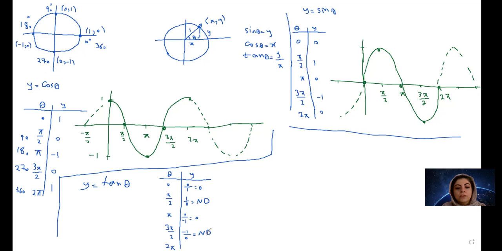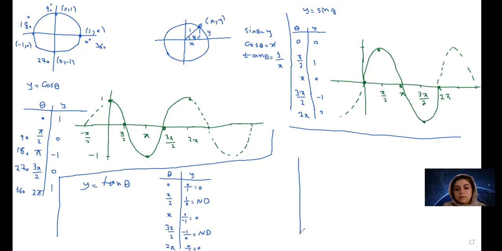For 2 pi or 360. 0 over 1, which is equal to 0. Very good. Now for the graphing, you know, the one that is ND means just your asymptote.